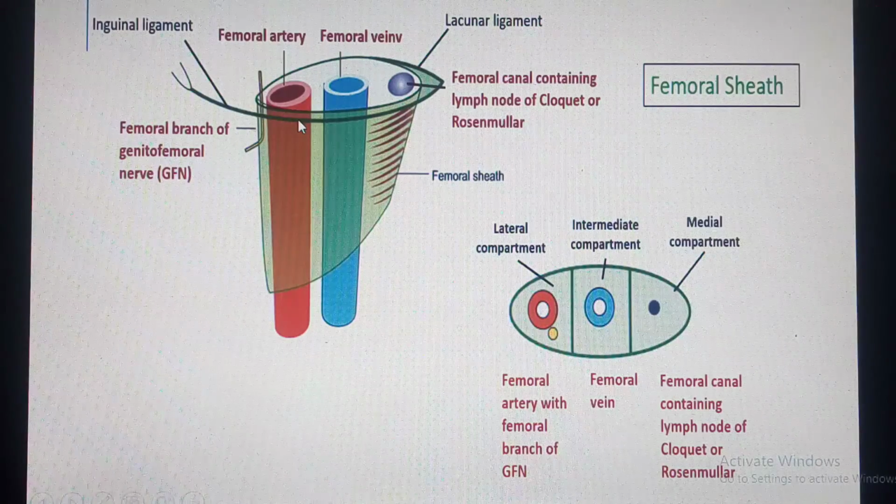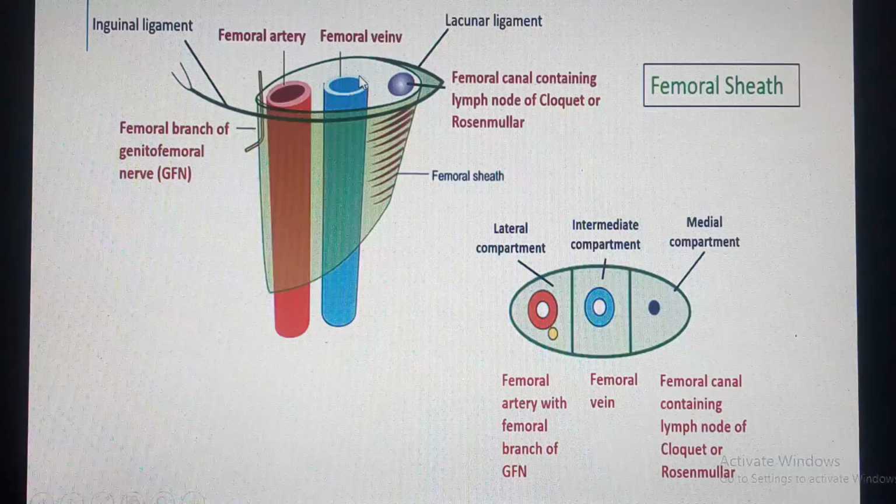This femoral sheath comes from the inferior extension of the fascia in the abdominal region. For instance, the anterior part of the femoral sheath is contributed by the transversalis fascia. And then the posterior aspect of the femoral sheath will be contributed by the fascia of the iliacus muscle, and that's what we call fascia iliaca.